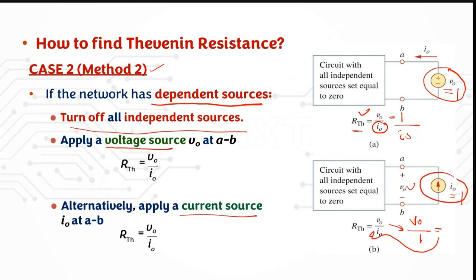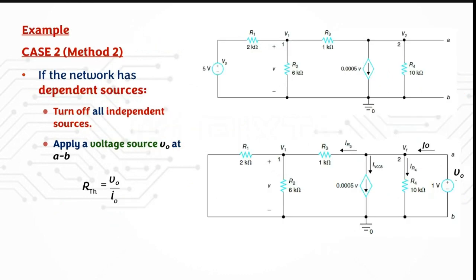Okay, so for example, for this method, you still need to turn off the independent source. If you have this circuit, you know that this is the dependent source; you only have one dependent source.